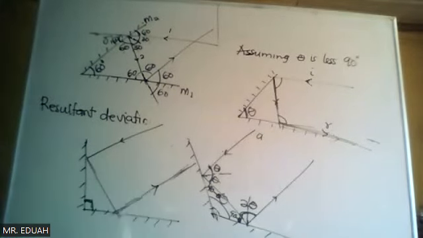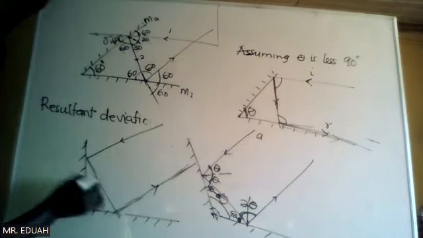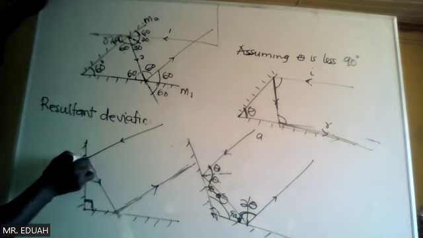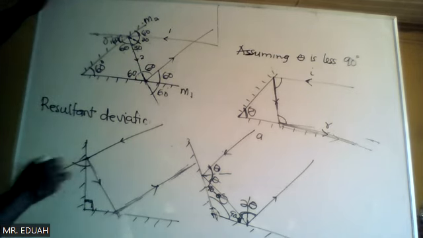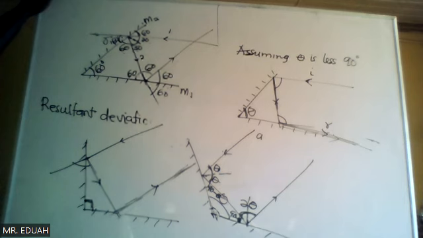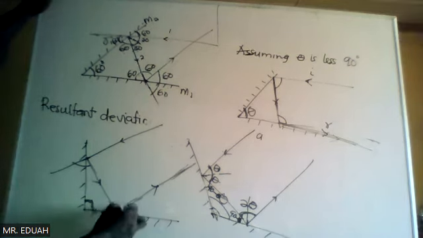So there's a reflection. If we extend the line to get the deviation, this is the angle of deviation. This is also the angle of deviation.